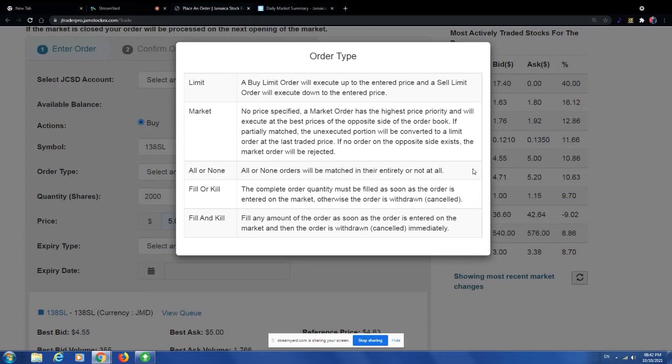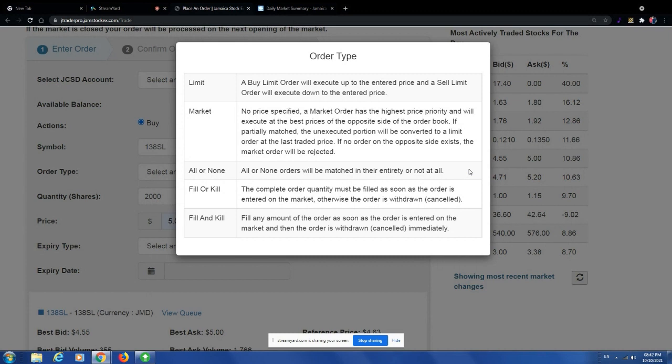I've used the all or none feature before. What happens, people, is that when you're buying a stock, although I put up to buy 2,000 units, there might be only 1,000 units on sale at that particular price, so the order might get partially filled. Some persons don't want the order to linger past a particular point, buying in increments. They want to get it all at once.